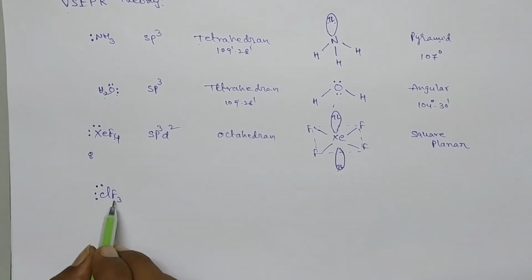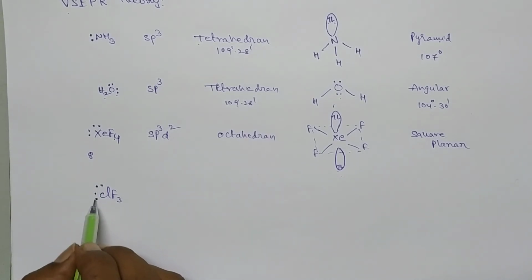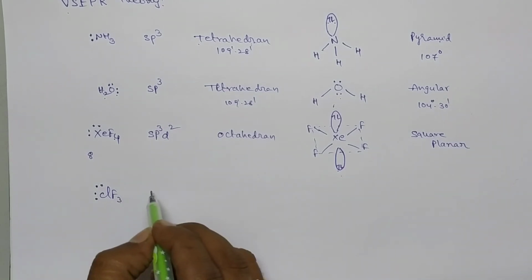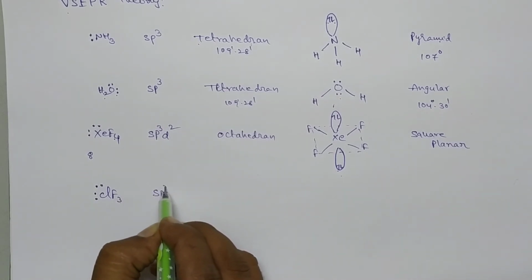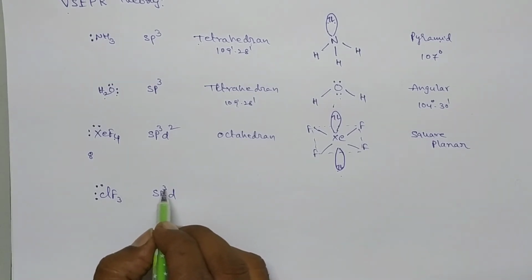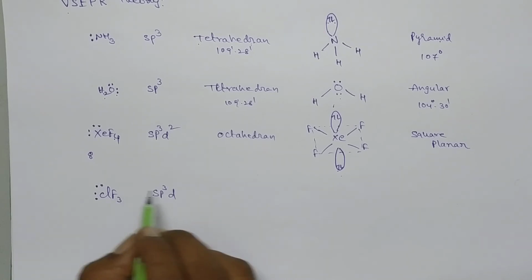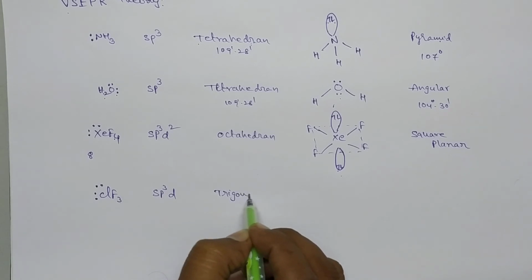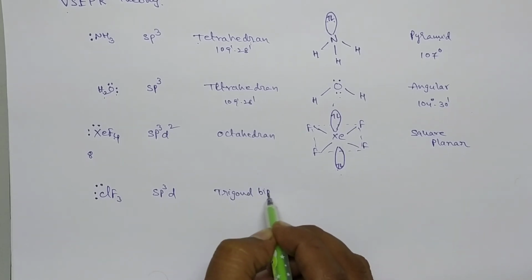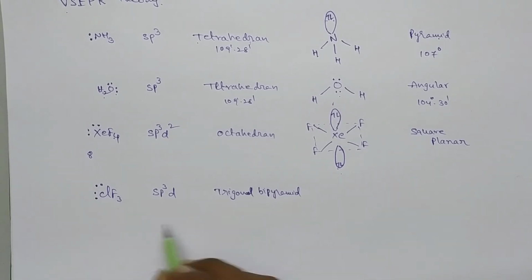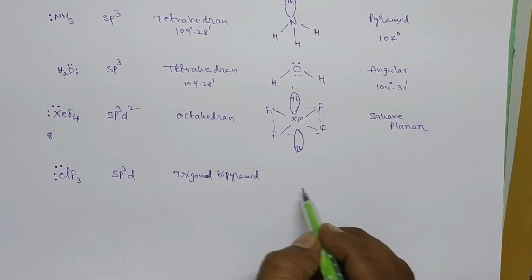So the number of sigma bonds is 3 and the number of lone pairs is 2. 3 plus 2, totally 5. 5 means it should have sp3d hybridization. For sp3d hybridization the structure should be trigonal bipyramid, but it changes to the most stable configuration.